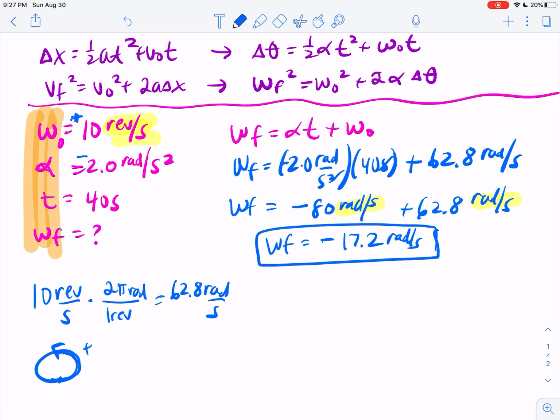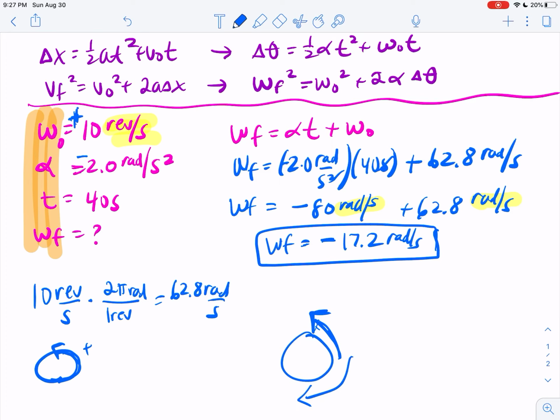All right. Now it says, is this a reasonable answer? Well, probably not. Because if it's going to be slowing down, it should slow down and then end at a stop. So if this starts with a positive velocity, that would mean that the propeller is spinning, say, counterclockwise. And then after the 40 seconds, it's now spinning the other way, or clockwise, because of this negative.